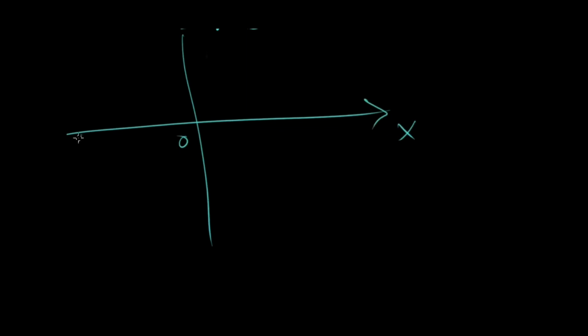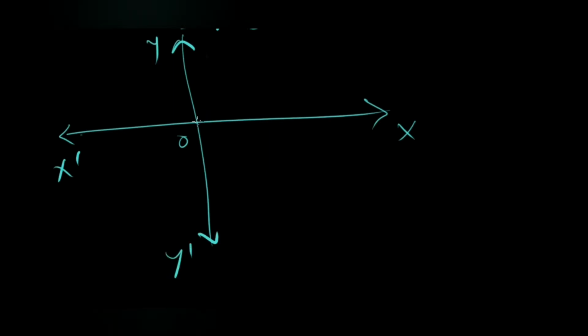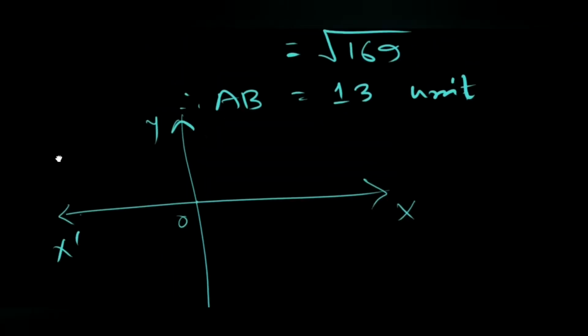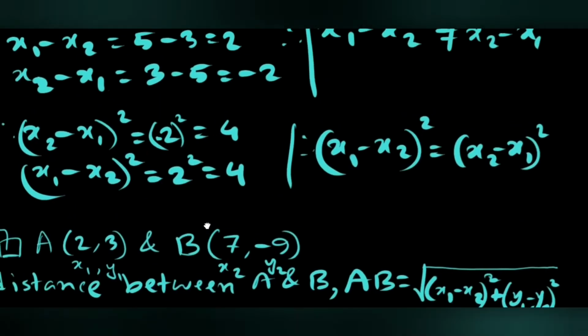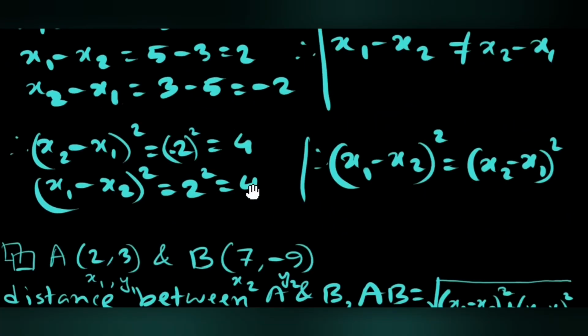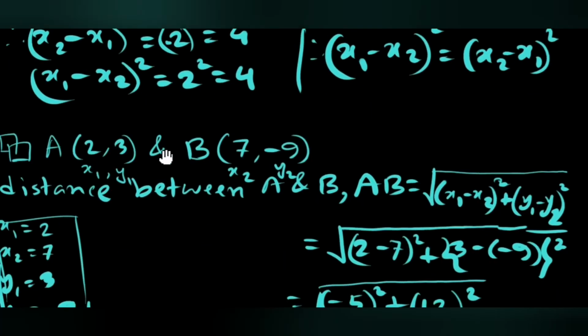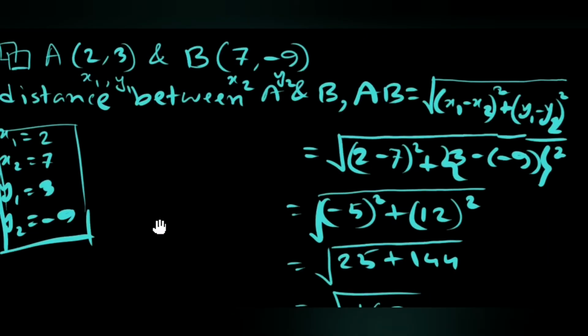So XOX prime and YOY prime just intersect perpendicularly. So think, two points were, what are those points? 2 comma 3 and 7 comma minus 9.